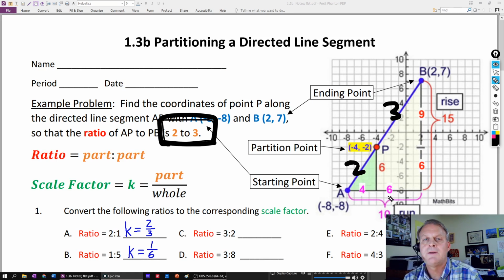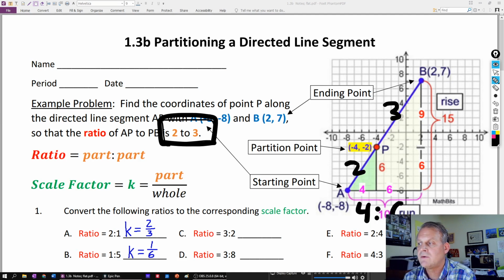Because remember I said that we're going to break this up into 2 separate problems. We're going to look just at the x coordinate, and then just at the y coordinate. So when we look at the x coordinate for this particular problem, notice we're going 4 steps, and we have remaining 6 steps. So what's the deal with that?